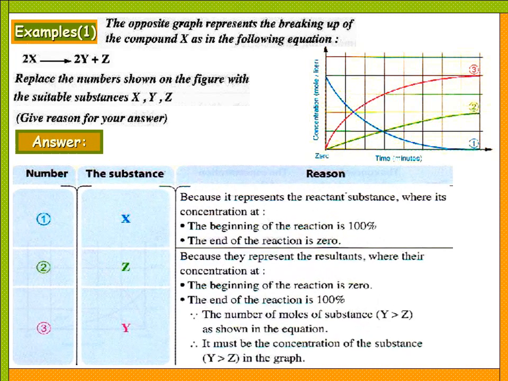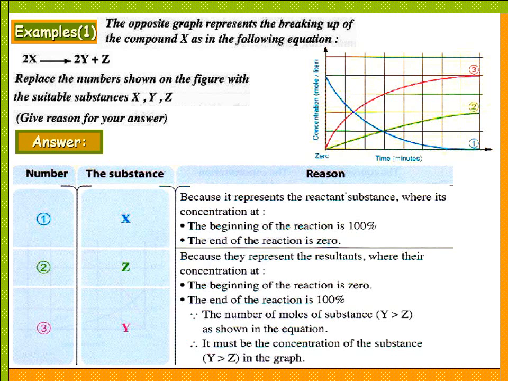We have the answer here: X will be number 1 because it represents the reactant substance, where its concentration at the beginning equals 100 and at the end equals 0. Also 2 will be Z and 3 will be Y. Why? Because they represent the resultants, where their concentration at the beginning is 0 and at the end will be 100.